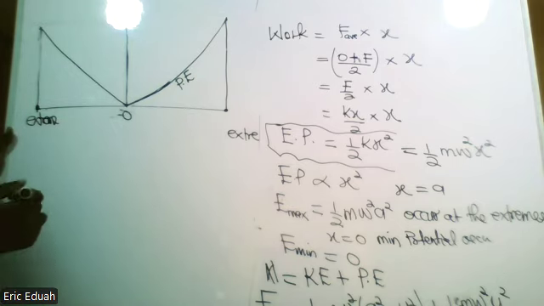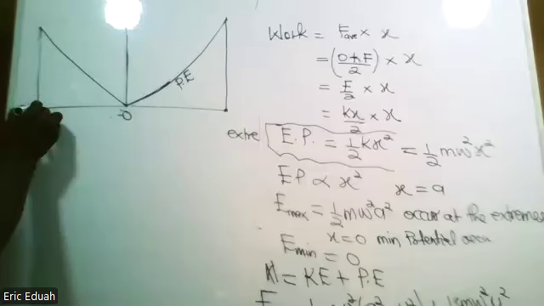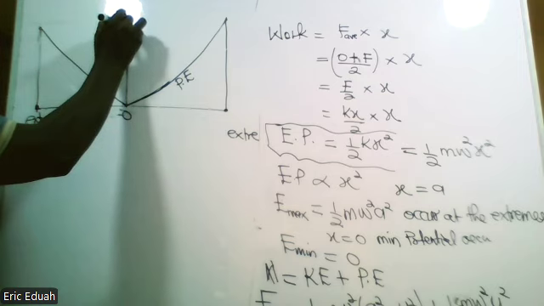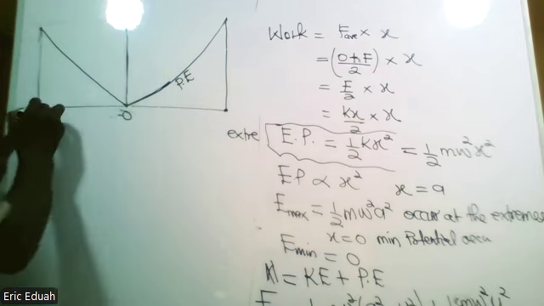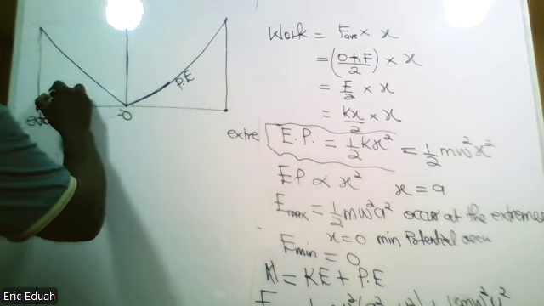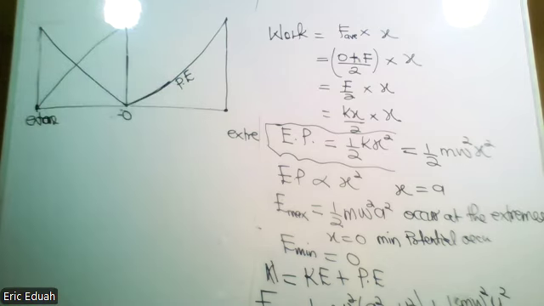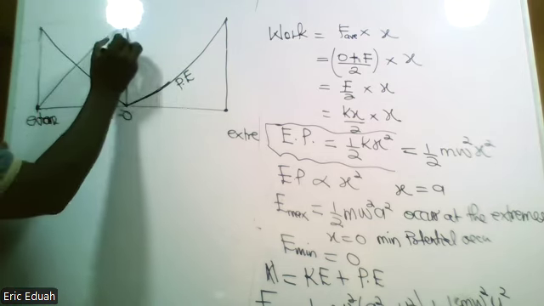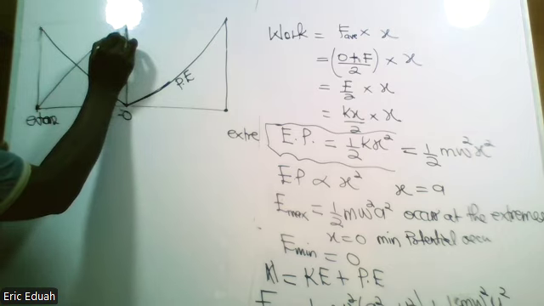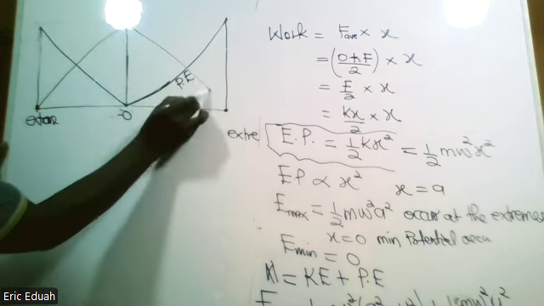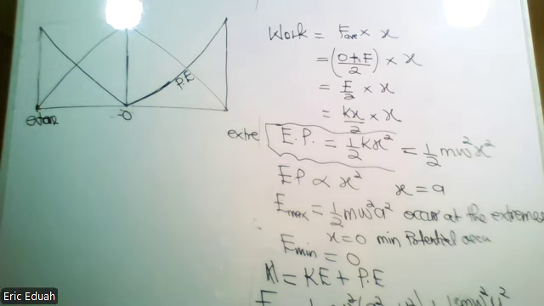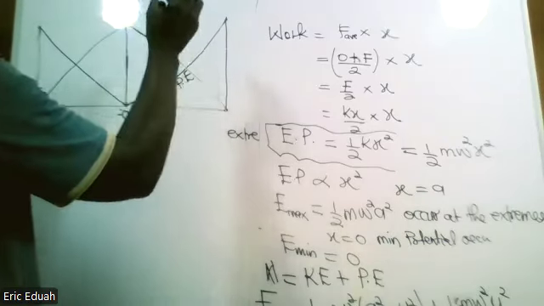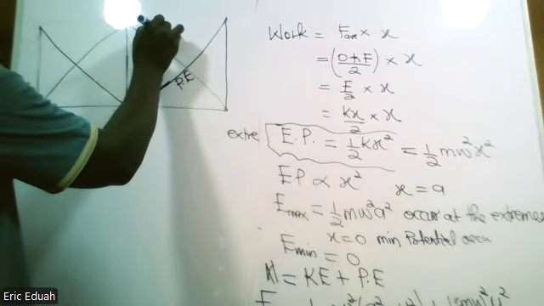Then kinetic energy at the extreme is minimum and it's maximum when crossing the mean point. So it's 0 here. Then by the time it crosses this, it's maximum. Getting to the other extreme, it must be decreasing to 0. It's a curve. So this is KE.